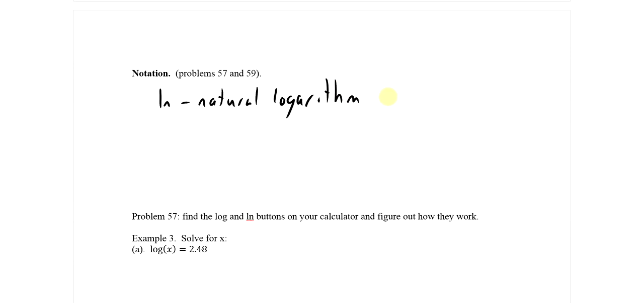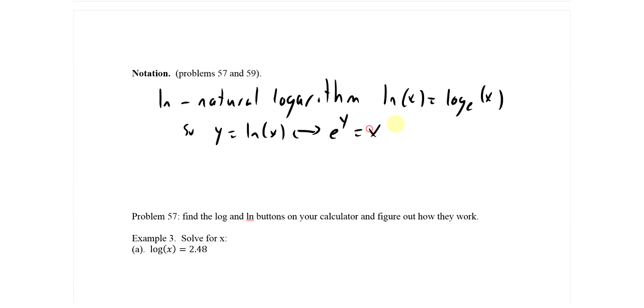But this is log base e, and e is the number that we saw previously. So y equals natural log of x is the same thing as saying e to the y equals x. This is the power, the base is e, and that's the number.